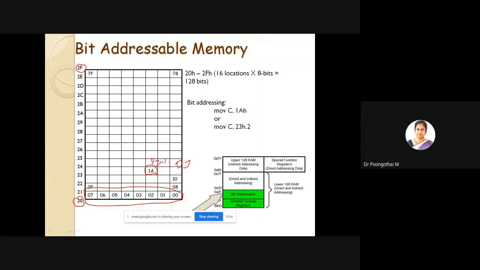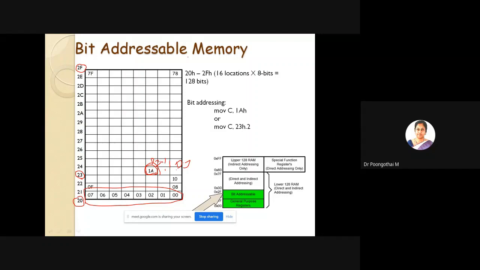This 1A is bit 2 of the internal RAM location 23. These are internal memory location addresses, and each bit can be addressed by using this bit addressable memory region.